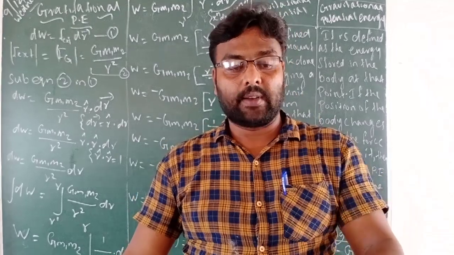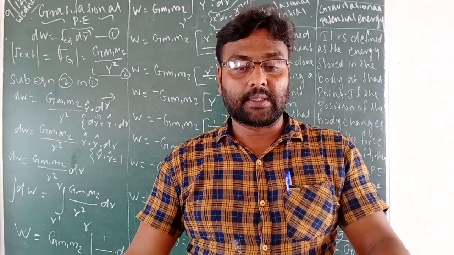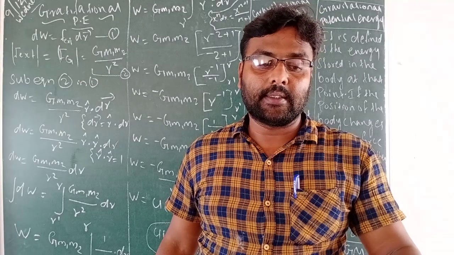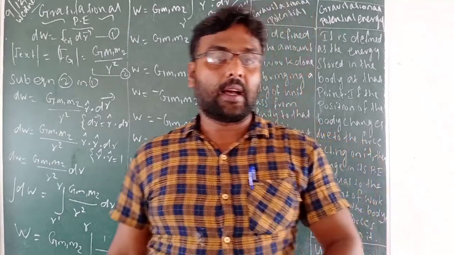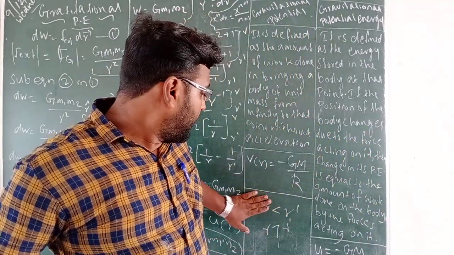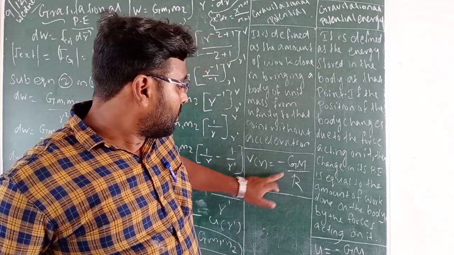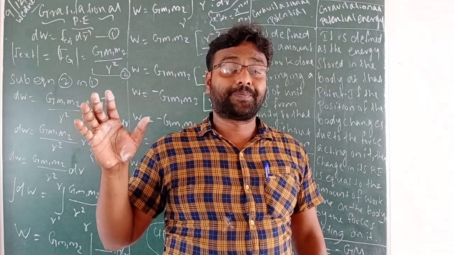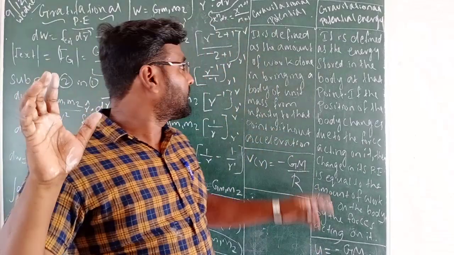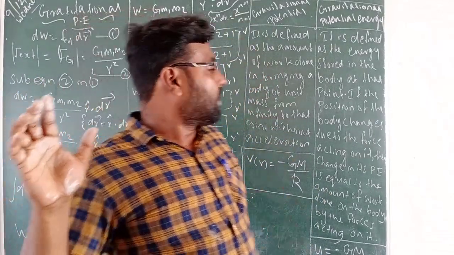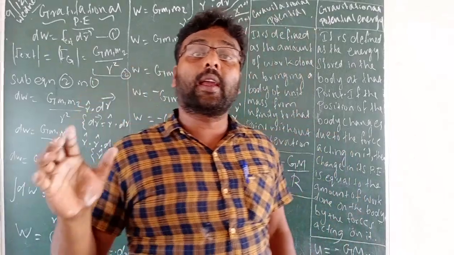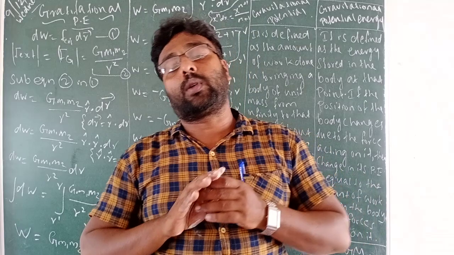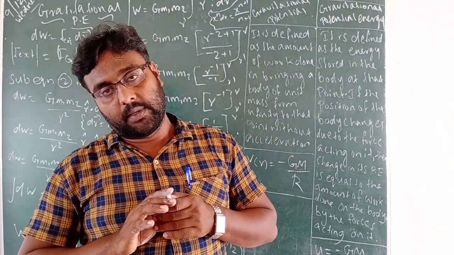The next topic is gravitational potential only. Page number 16. You can see an equation: V(r) is equal to minus GM by r. Here, the amount of work done to bring an object from infinity to this point without acceleration.